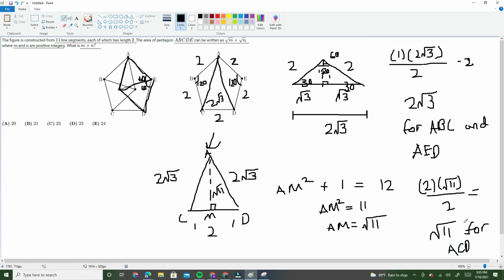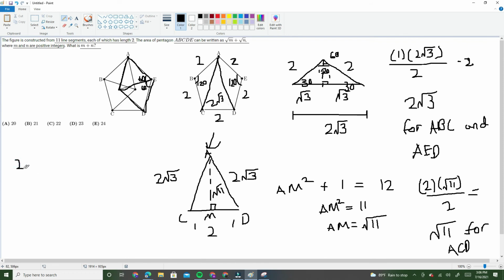So now we know the area of ACD, and we already computed the combined areas of triangles ABC and AED. So now we can just add up the two areas that we computed. One area represents the combined area of ABC and AED, and the other represents the area of ACD, and this will give us the area of the total pentagon.